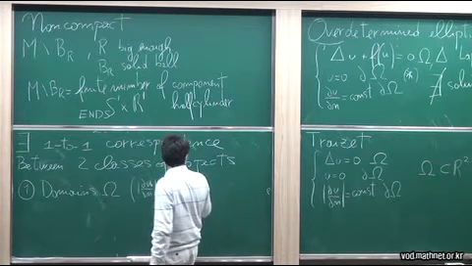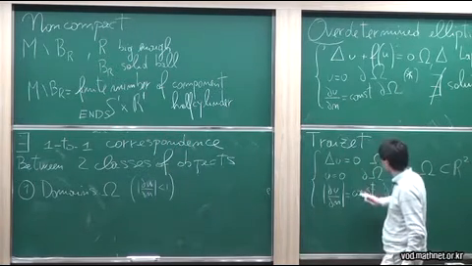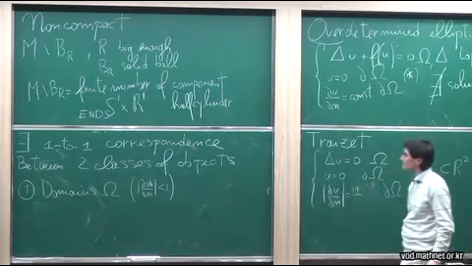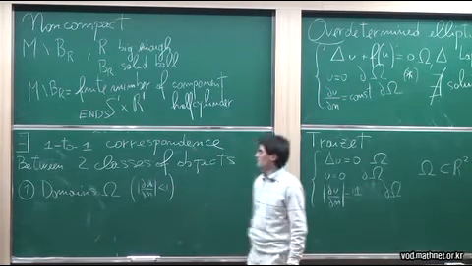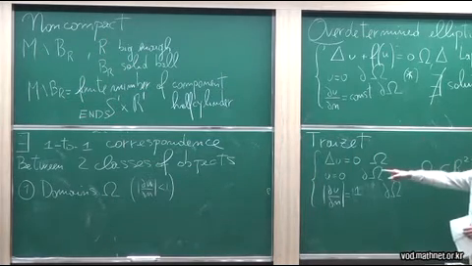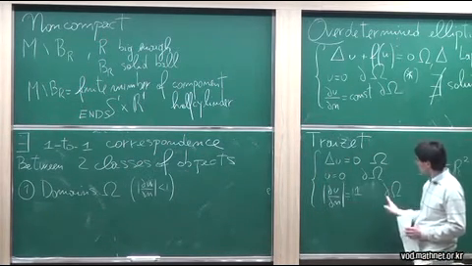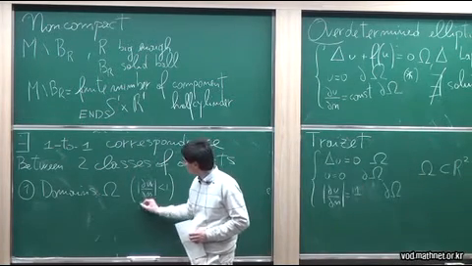Okay, let me write one. If I want to give the precise statement, I have to write one. Okay, so I will not say anything about this. Domains omega such that du/dn is more than 1. This is true on the boundary, and this is in the interior.